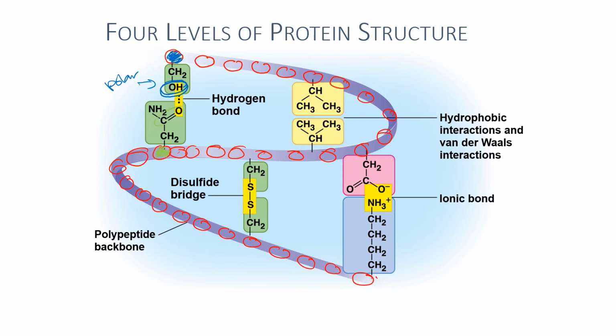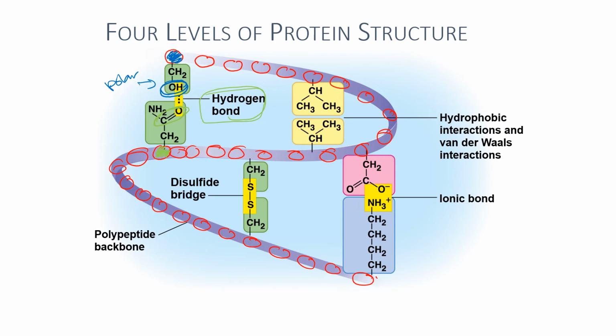It has a carbonyl group, which is C double bond O. It has oxygen, so the oxygen and the hydrogen of the hydroxyl group of the amino acid will form hydrogen bonds. This is the interaction formed between the side chains of the amino acids along the polypeptide chain.